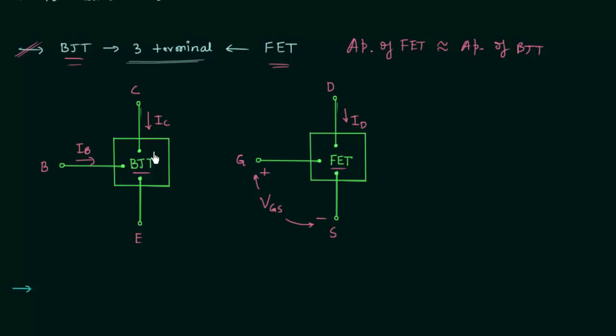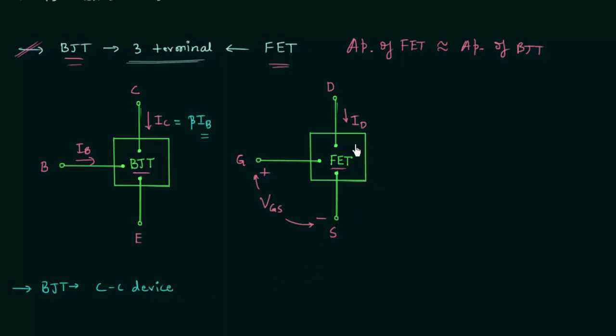BJT is a current controlled device. You can see here the output current is IC, and IC is equal to beta times IB, where IB is the input current. So the output current is dependent on the input current, so we say BJT is a current controlled device.